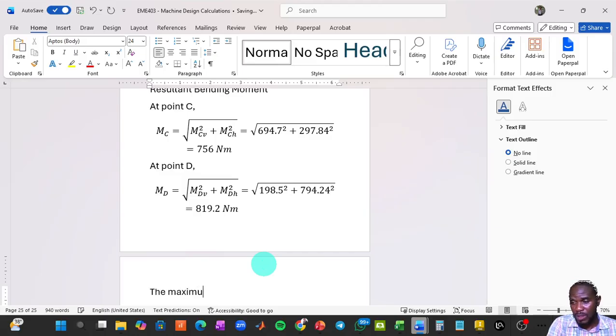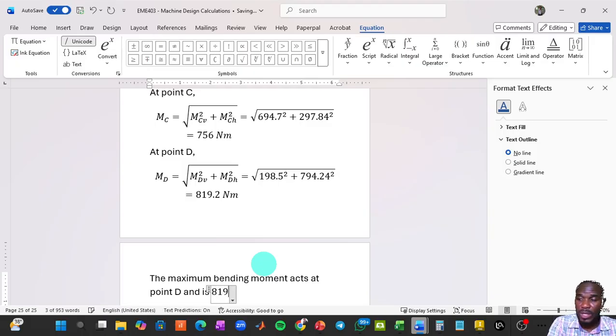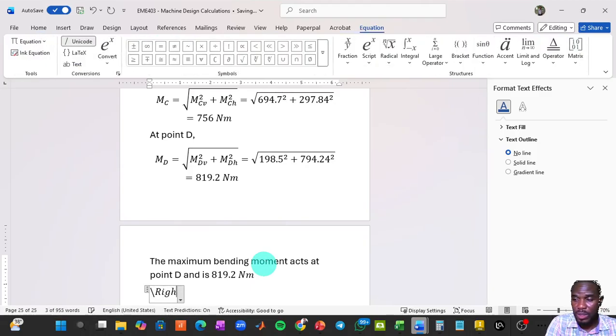The maximum bending moment is at point D, and the value is 819.2 Newton meter. So M is 819.2 Newton meter.